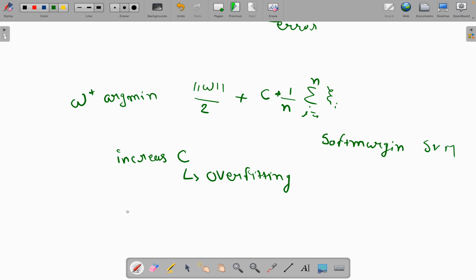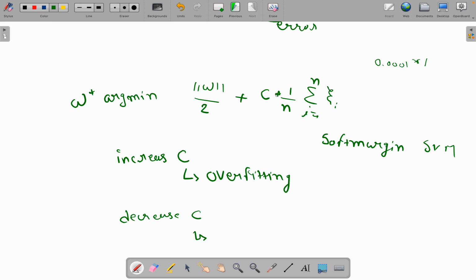Similarly, if you decrease C, we are providing less weightage to this part. Let's say we put C as a very small value, like 0.0001, and if any error arrives and we multiply it, say error 1, then it would be a very small value.